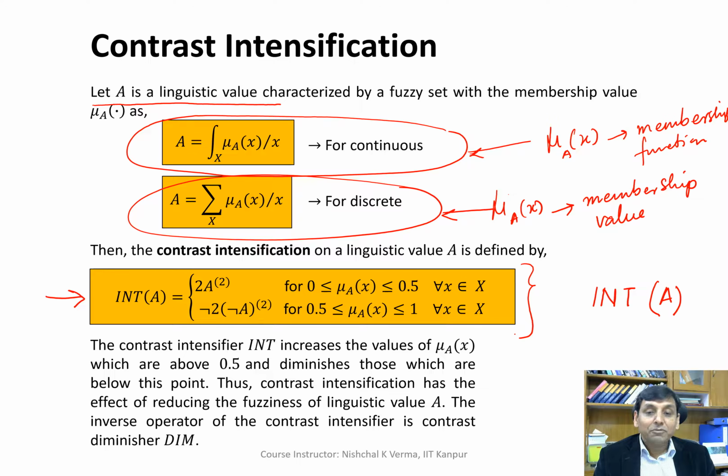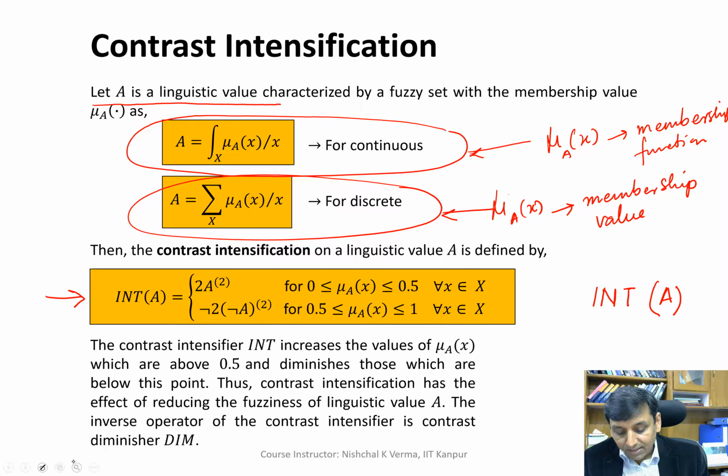Below 0.5 as the membership value, we have 2 into A raised to the power 2 within the bracket, and above 0.5 the intensified membership value is the negation of 2 into the negation of A whole raised to the power 2 within the bracket, which is clearly written here. You can understand it by this expression.